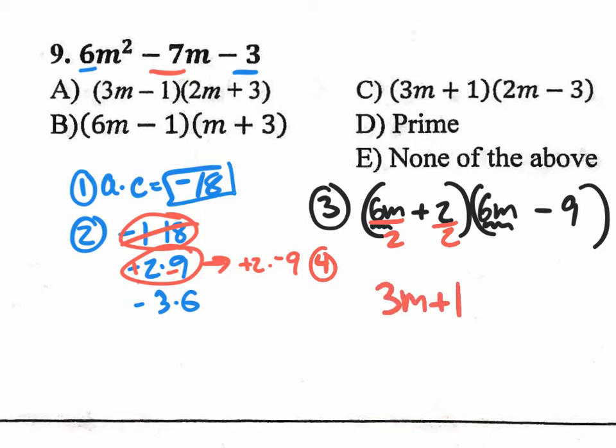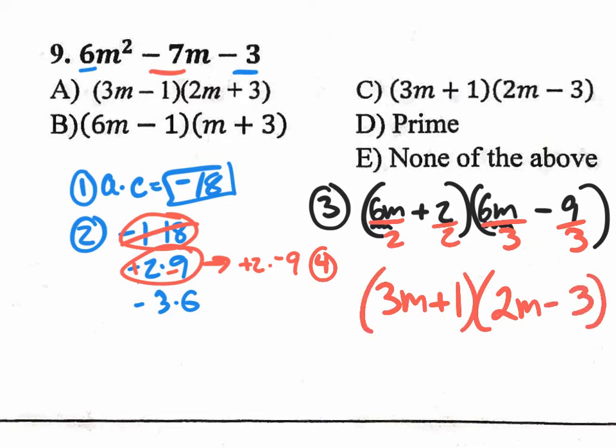And on the second binomial, we're going to reduce by 3. 6 divided by 3 is 2. 9 divided by 3 is 3. So there's our factored form answer, 3m plus 1, 2m minus 3, which is option C. So we're going to stop right here and pick up the open response part on the next video.